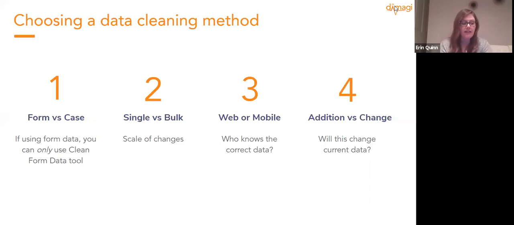We've seen organizations create cheat sheets of, if you change X case property, Y, Z, and A also need to change, and this is how they need to change. That's probably something you're going to want to do if you find yourself needing to make a lot of different changes, or if anyone besides your primary application builder needs to make these data changes.